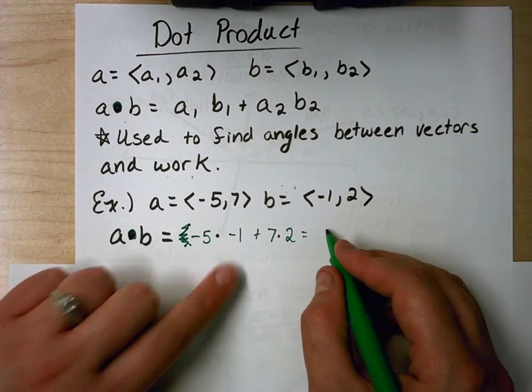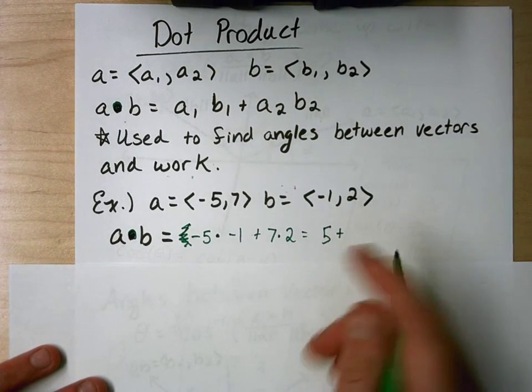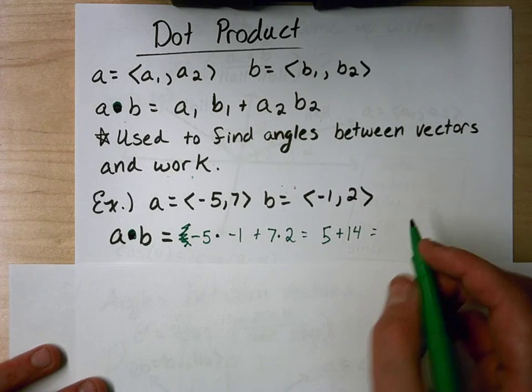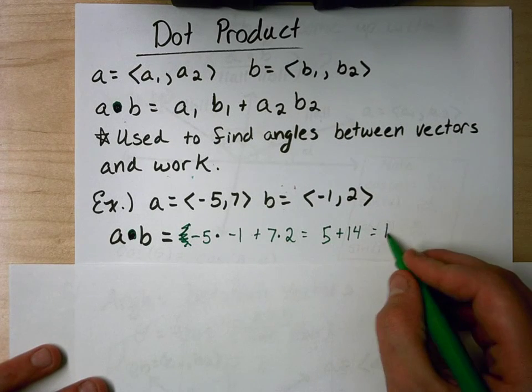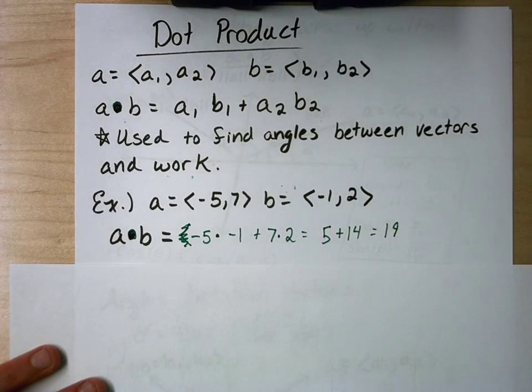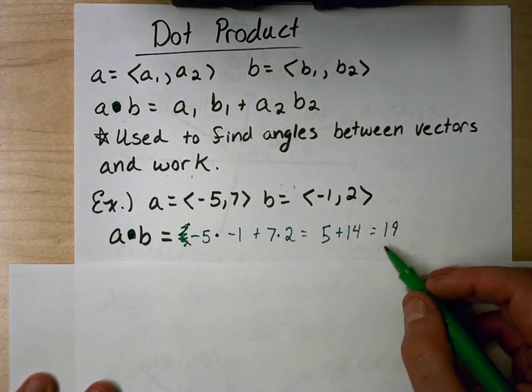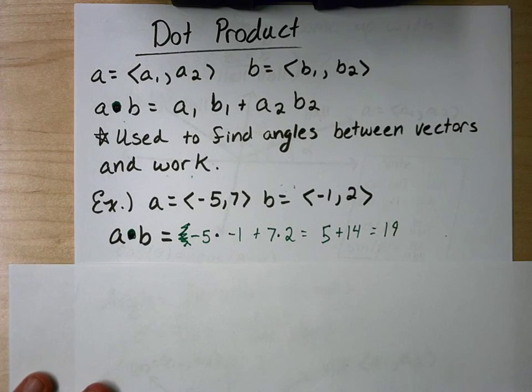So -5 times -1 is going to give us a +5. 7 times 2 is going to give us a +14. And I get the dot product between these two is 19. All right, so you should always get a whole number. If you get another vector, something's gone awry.